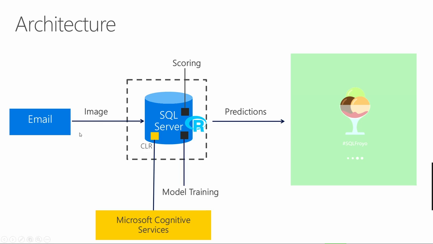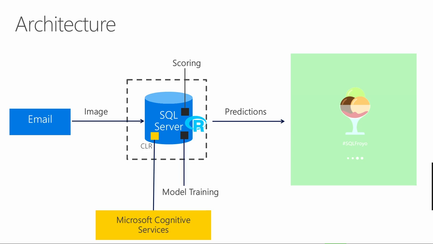Now, the piece that I haven't told you is something called Microsoft Flow, and that's what I use to transfer the image to SQL Server automatically. So the only coding that I do here is actually the C# for the assembly, to hook up to the cognitive services and call the API, and then the R bit, which is to predict the models.